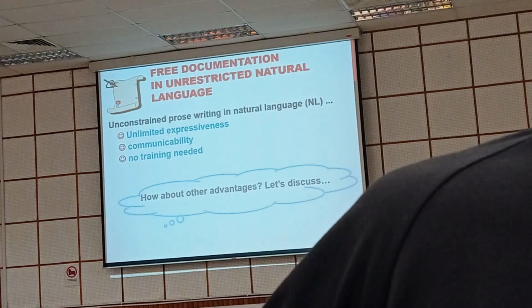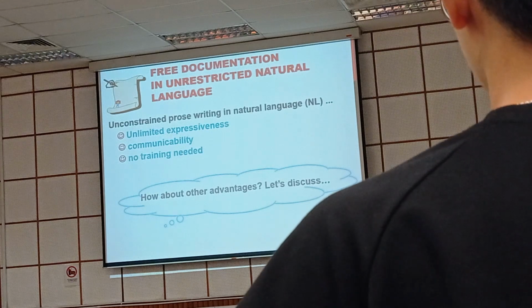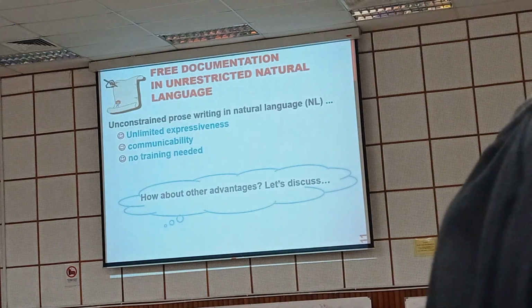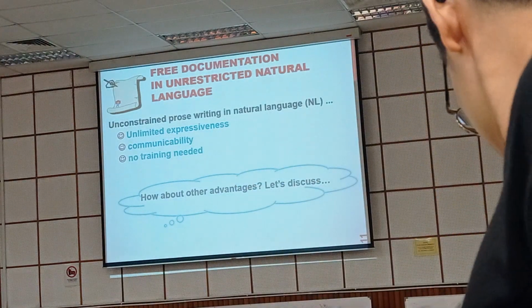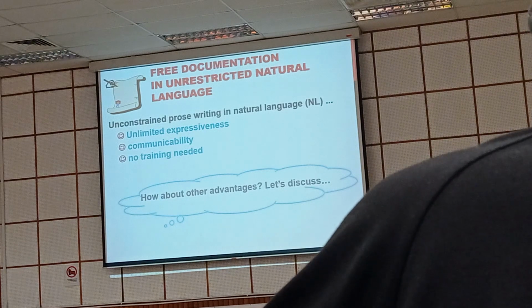The first technique is unstructured natural language. You know what natural language is, right? The language that we use in our daily life to communicate, such as English, Mandarin, Tamil, Malay, Bahasa Melayu, and so on. So this is unconstrained prose writing in natural language.